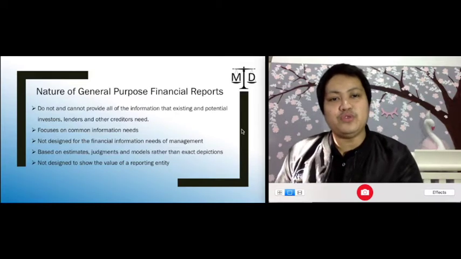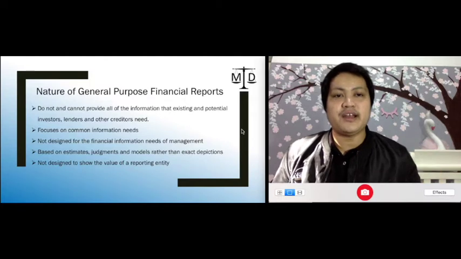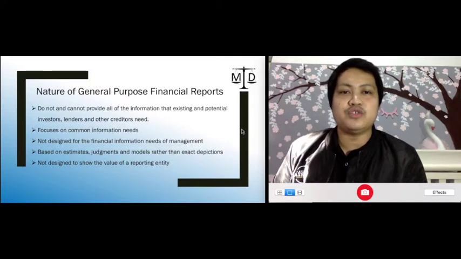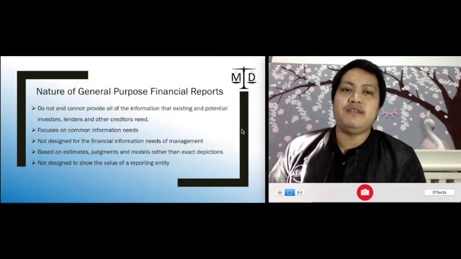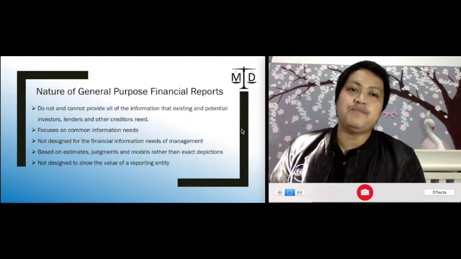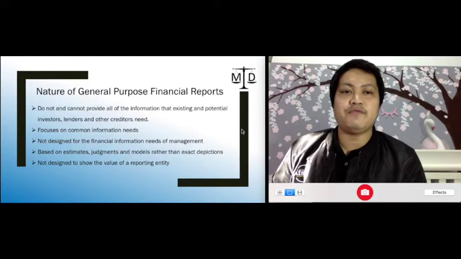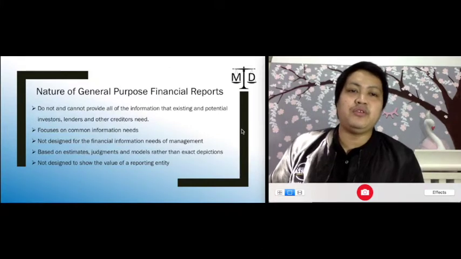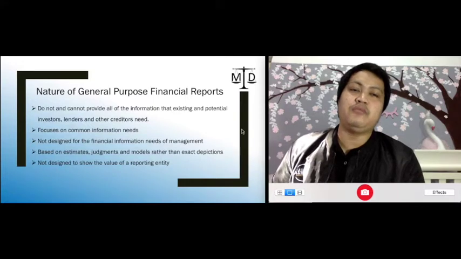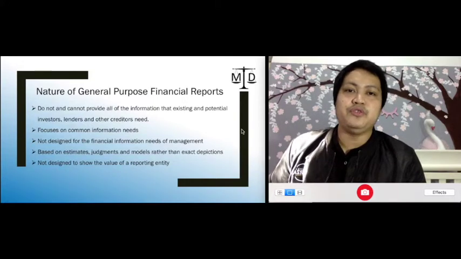So even if we use it after 5 years, 10 years, 15 years, those amounts would still continue to be relevant. Whereas if you use current market prices, that valuation would only be relevant for that particular day or time. In the next period, that valuation will no longer be relevant or useful.